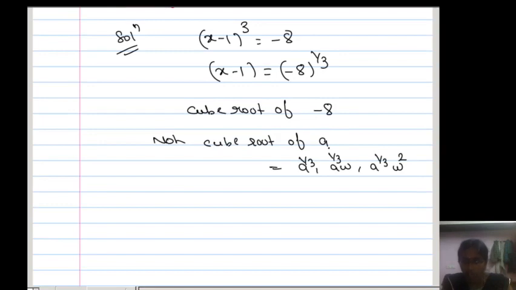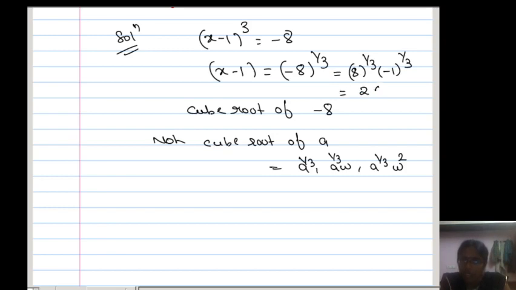If a is a positive real number, then the cube roots are a power 1 by 3, a power 1 by 3 omega, a power 1 by 3 omega square. Okay, so minus 8 power 1 by 3 can be written as 8 power 1 by 3 and minus 1 whole power 1 by 3. So 8 power 1 by 3 means what?